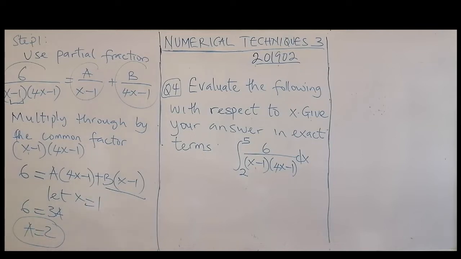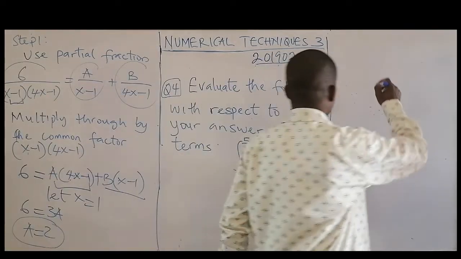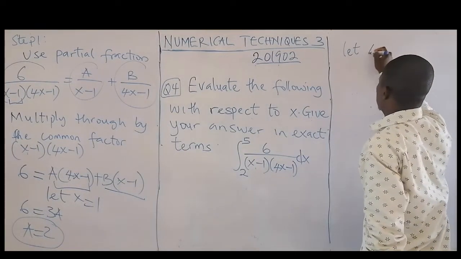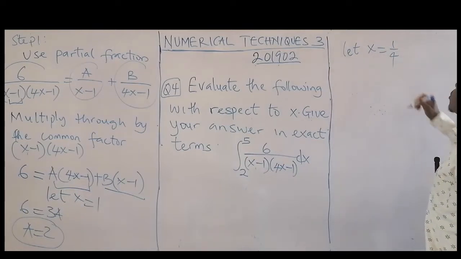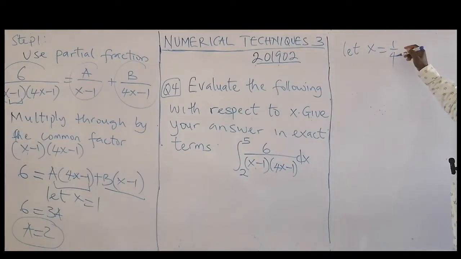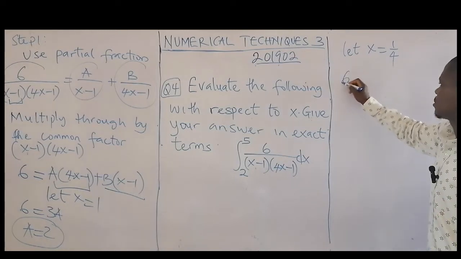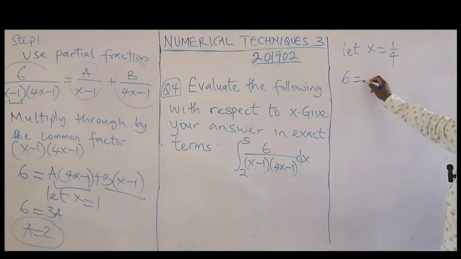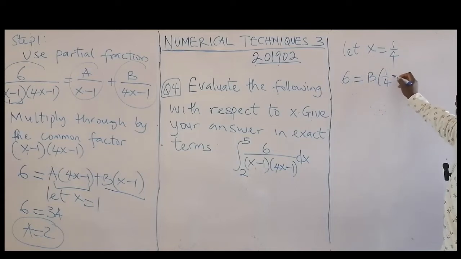Then the next thing to do is to find a way of cancelling this expression for A. If I introduce 1 over 4 here, this will cancel out. So let x be equal to 1 over 4. If that is the case, I'm going to have 6 equal to B into brackets 1 over 4 minus 1.